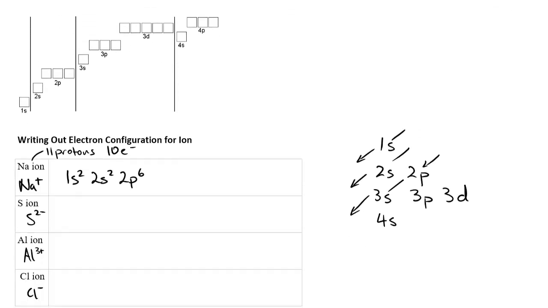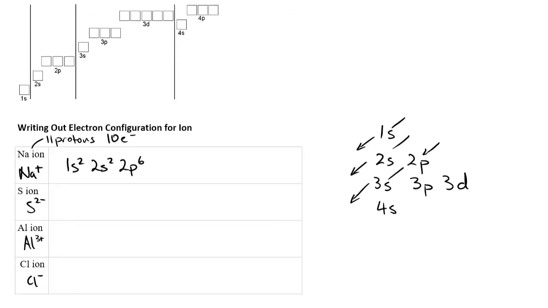Okay, so in a neutral state, sulfur will have 16 protons and it will have 16 electrons, but because the overall charge is negative, it means that there's actually 18 electrons. Okay, so let's draw this out again.